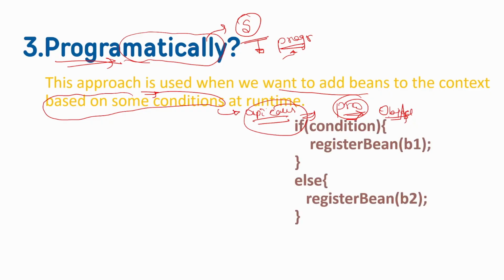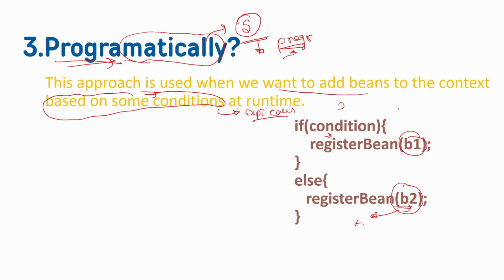Let's consider this case. If some condition is met, then register this bean, and if that condition is not met, then register this other bean.